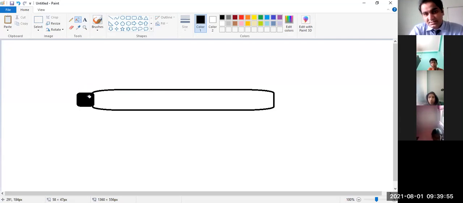Bulb of mercury means that is a small bulb that contains mercury only. Mercury is found in liquid state at room temperature. Here is mercury bulb. Mercury is collected there, and there is one small capillary tube.